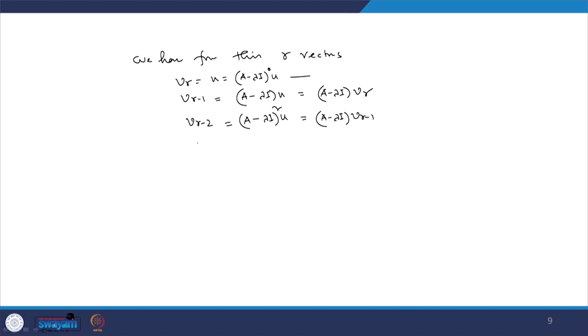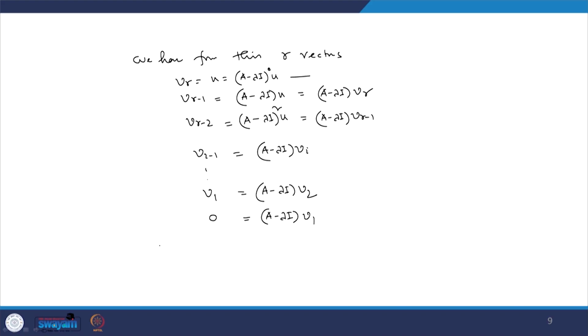So, in general I can say Vi−1 is equal to (A − λI) operating on Vi, and V1 is equal to (A − λI) into V2, and 0 is equal to (A − λI) operating on V1. So, if I consider V0 equal to 0, then I have this type of relations.